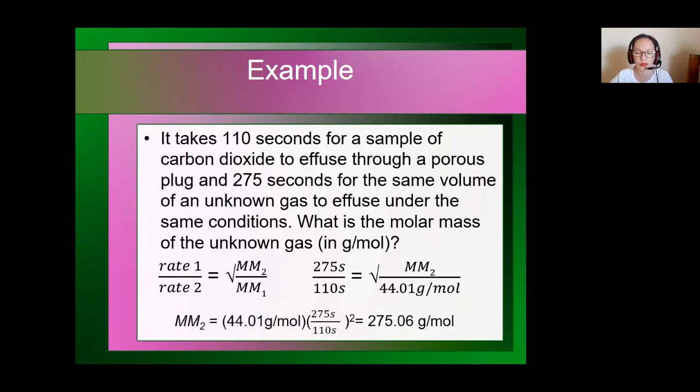Finding the molar mass, we have 44.01 grams per mole multiplied by 275 squared divided by 110 seconds squared, which is equivalent to 275.06 grams per mole. So that's the molar mass of the unknown gas. This is what effusion and diffusion is all about as far as gases are described.